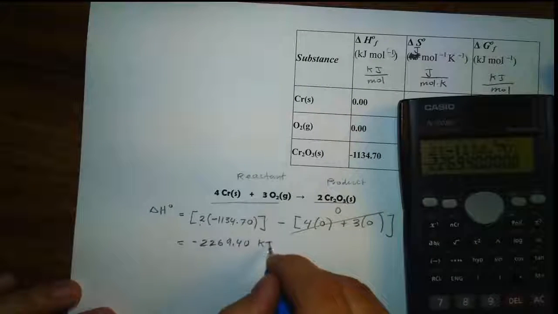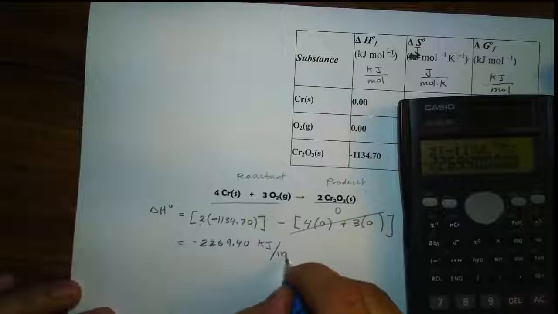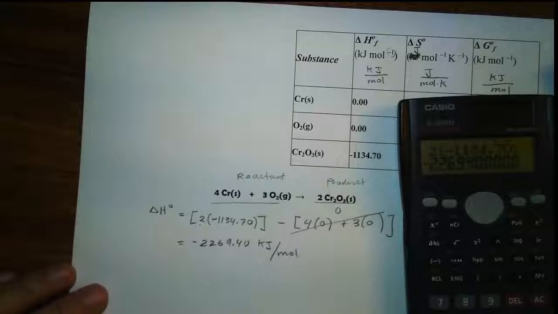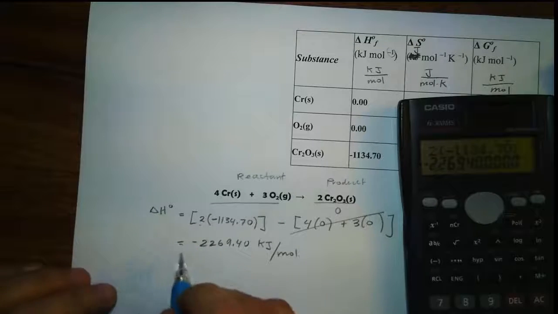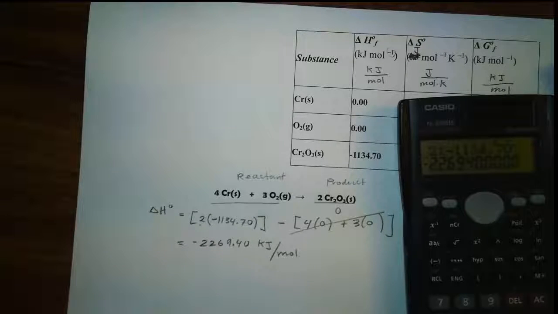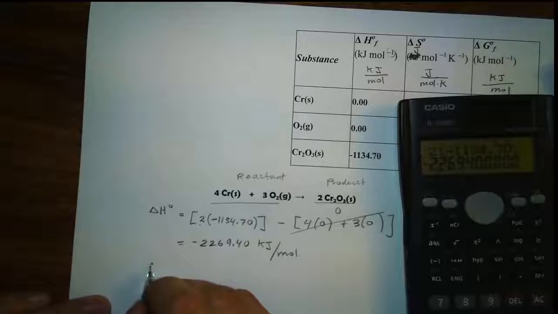It is kilojoule per mole. That's for delta H. And what does that tell you? Negative delta H tells you we have a negative Q, which in this case is an exothermic reaction, or we are releasing heat.